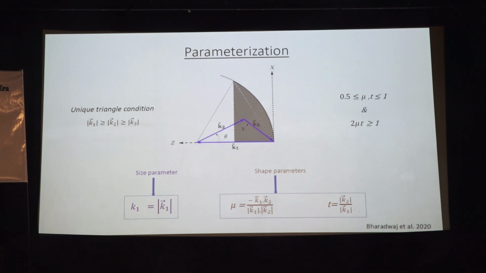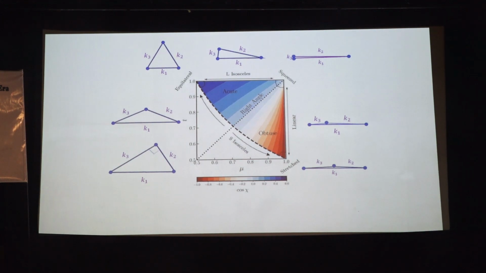So you have to pay attention to these parameters. The advantage of taking this parameterization is as follows. We can show the bispectrum, as the previous speaker has shown, in mu-t space. In mu-t space, all the possible triangle configurations can be seen here.